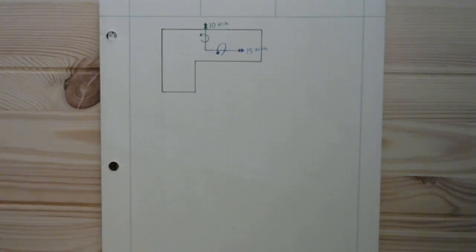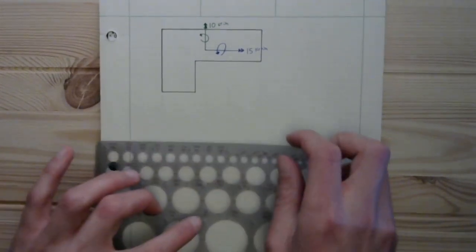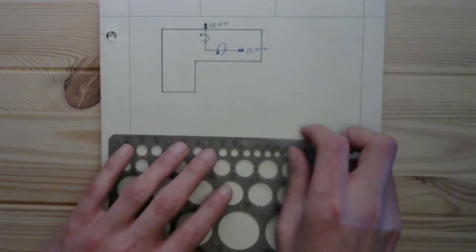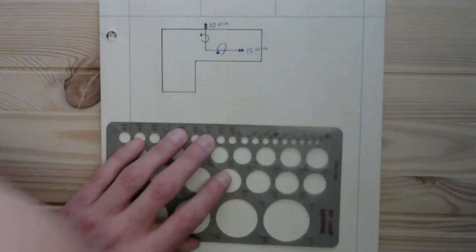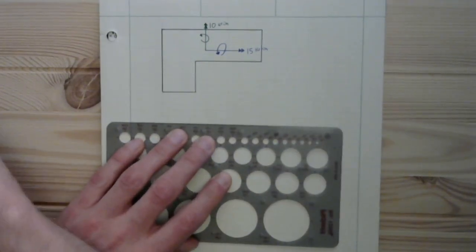So if we want to determine the total direction, we're just going to need to draw it up like this.